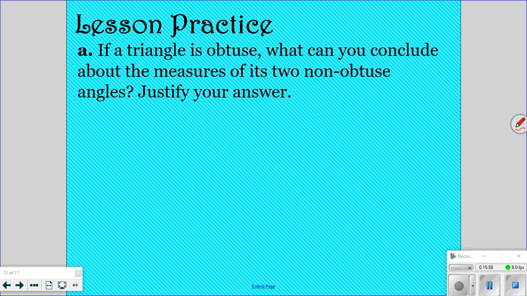Because by definition of an obtuse triangle, you can only have one angle that is obtuse. And an obtuse angle is always between 90 and 180. So since you have your triangle angle sum, the sum of the three has to add up to 180. And if you have one that's 90 or more, then the other two must be less than 90 added together. Okay, so that should be something along the lines of what you said for that one.